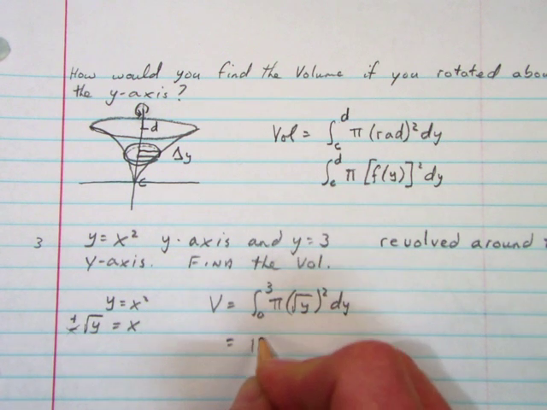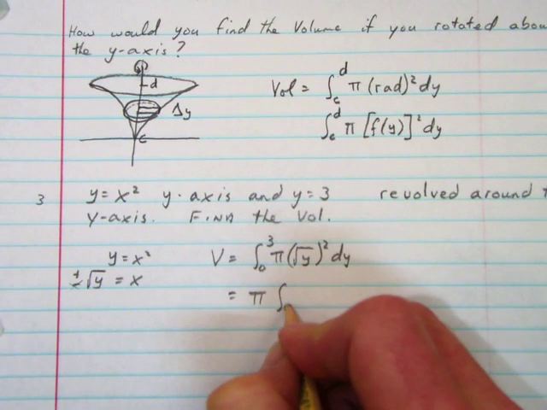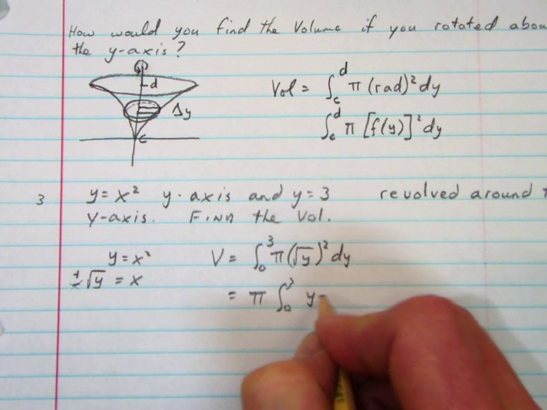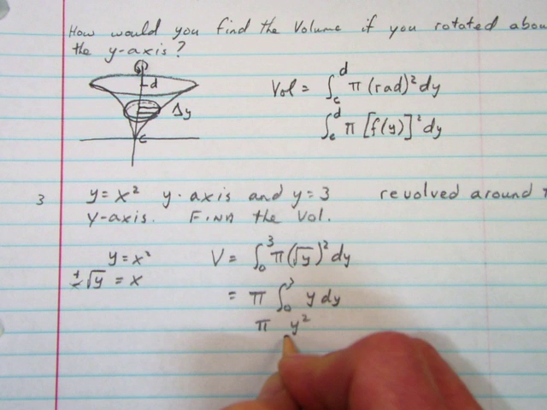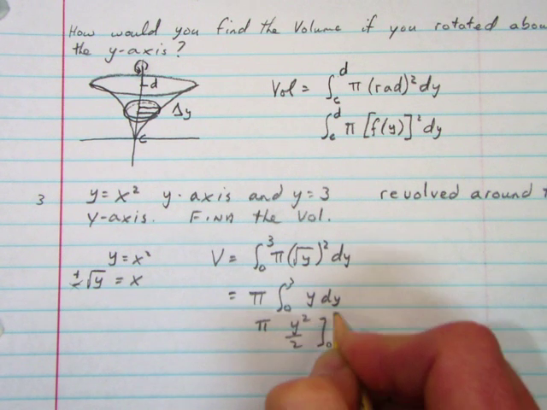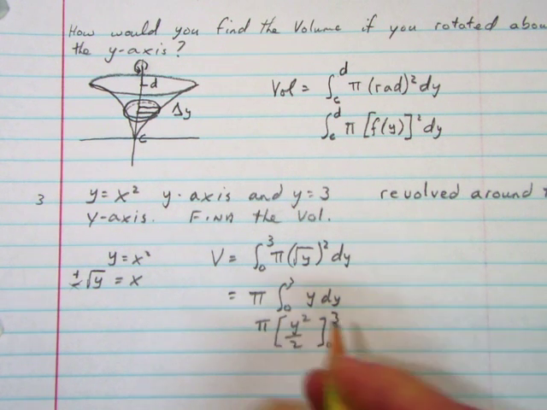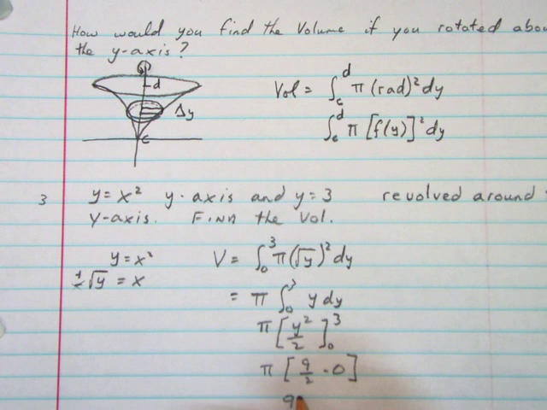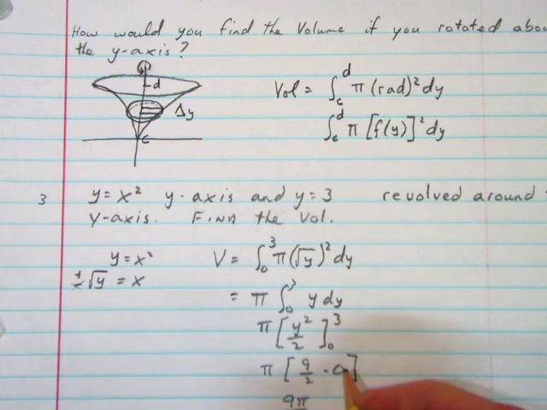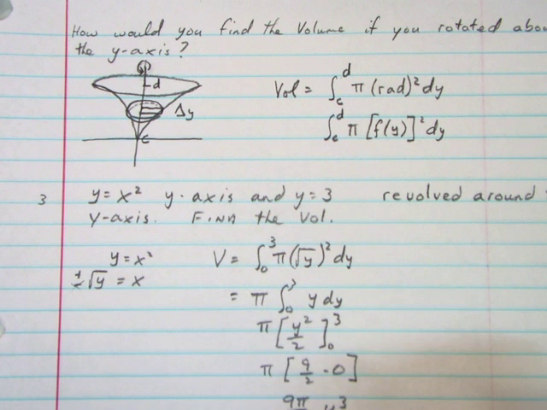Take out the pi, and we have the integral from 0 to 3 of y dy. So we have pi times y squared over 2 from 0 to 3. And we get pi times 9 over 2 minus 0, or in other words, 9 pi over 2 cubic units.